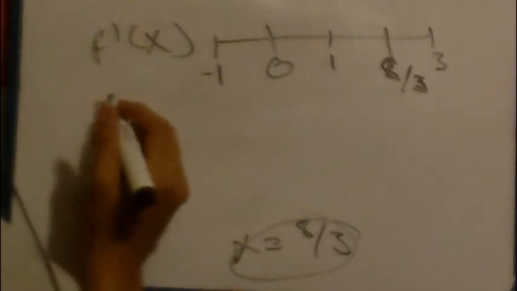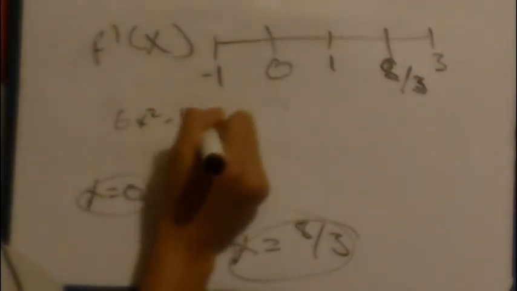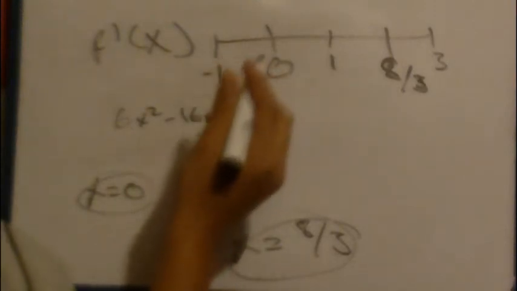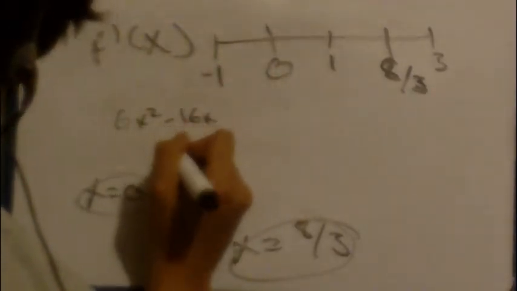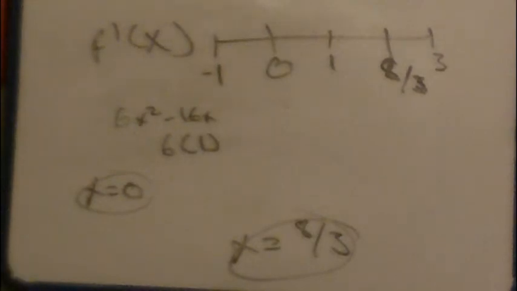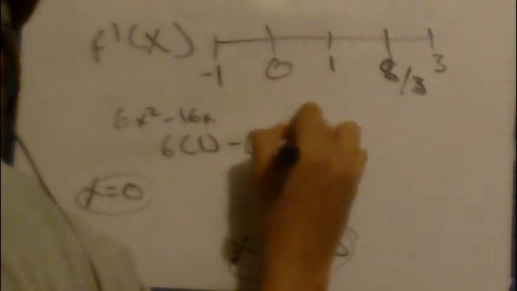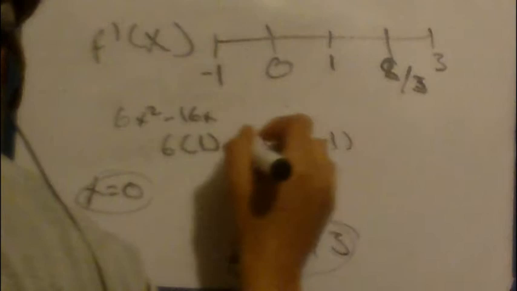Now, the derivative of this function is, remember, 6x squared minus 16x. So we'll have to plug in -1 into this function. That'll be 6 times 1, because a negative number squared is always positive, minus 16 times -1, and that will give you a positive.